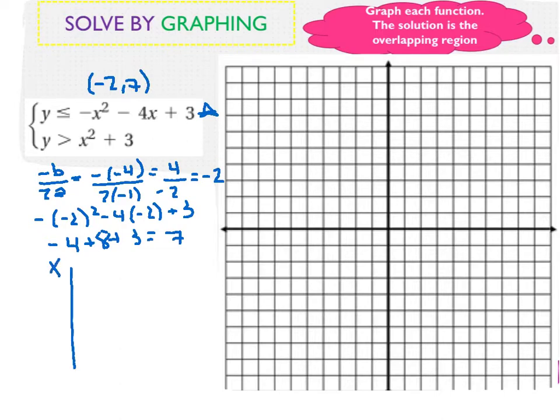So I'm going to make a table of values. Since we're at negative 2, 7, I'm going to plug in negative 1 and plug in 0 to find additional coordinates on my parabola. So going ahead and graphing this, we're going to do negative 2, 7. I know that this parabola should face down because of the negative a.